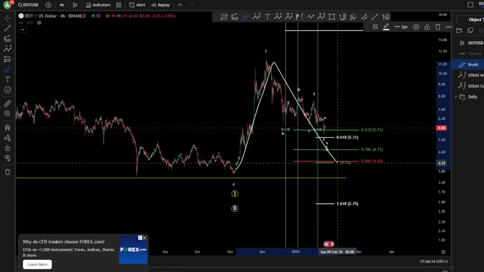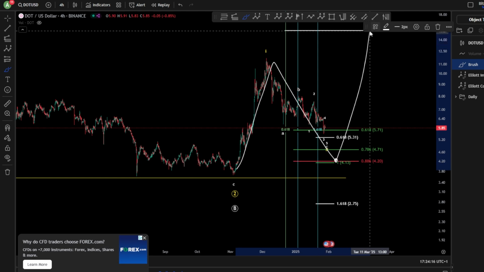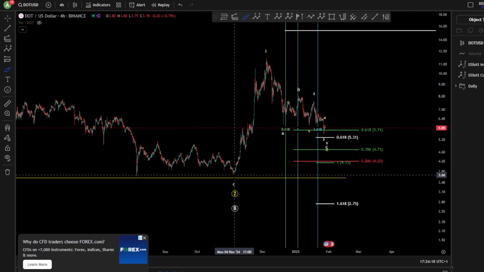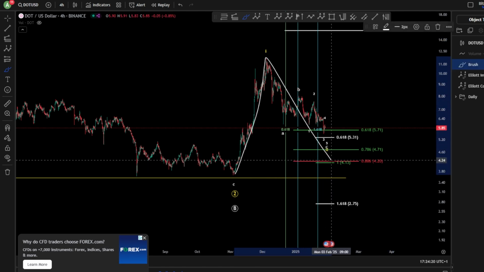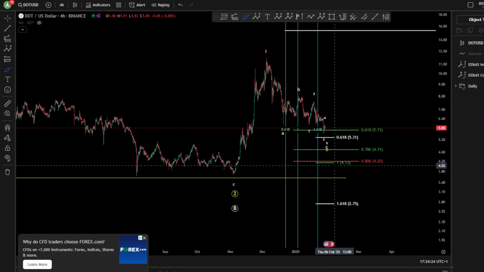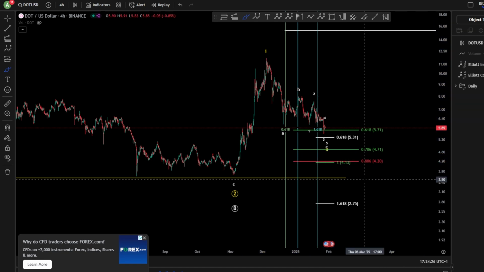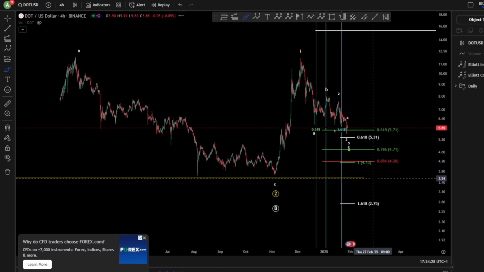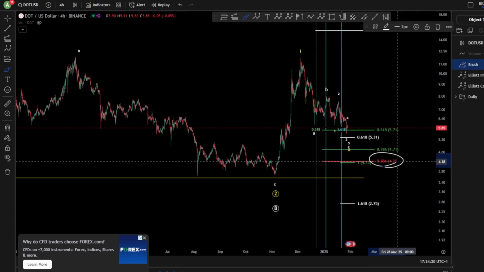So we cannot really count 1, 2 for an impulse 3, 4, 5, but it is very possible, for example, to move for a 1, 2 in a contracting diagonal, because the wave 2 in a contracting diagonal is allowed to be an 0.886 fib level.